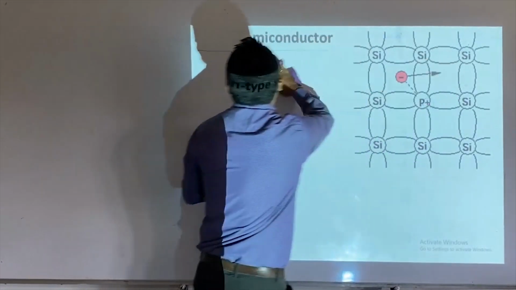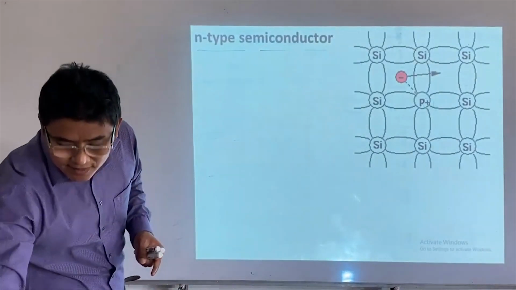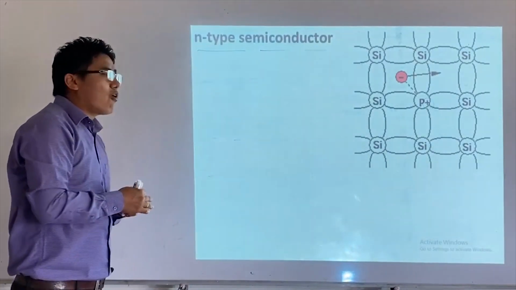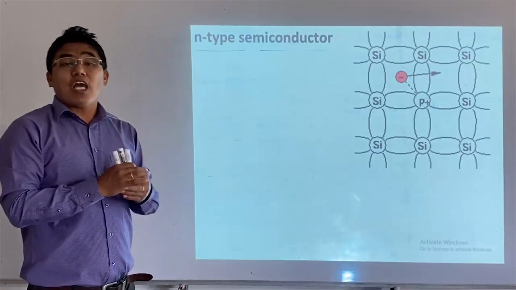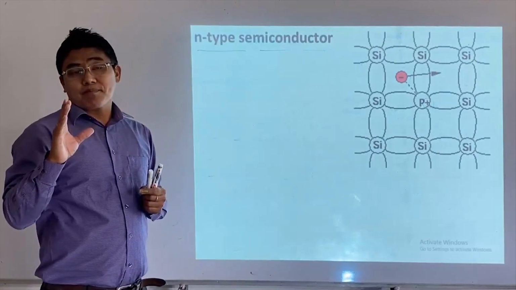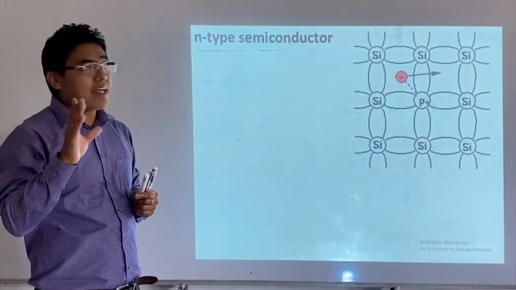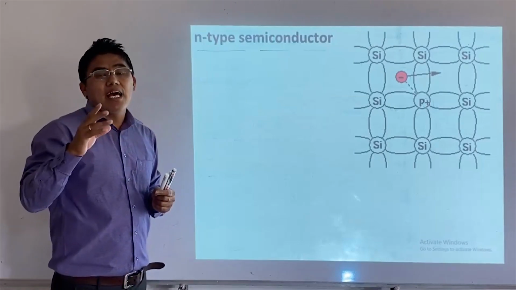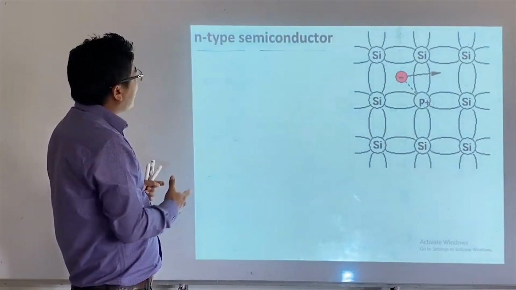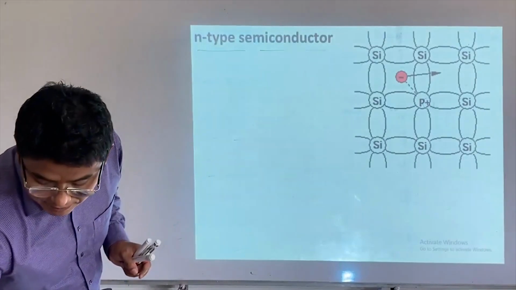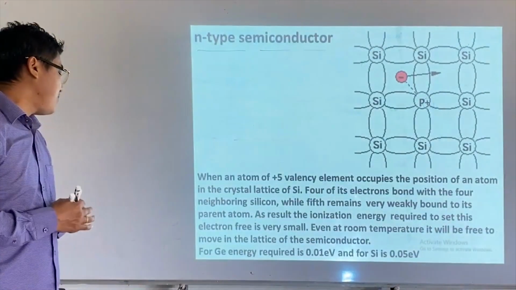This kind of semiconductor is what we call an N-type semiconductor. So when we use pentavalent dopants, what we get is N-type semiconductors.